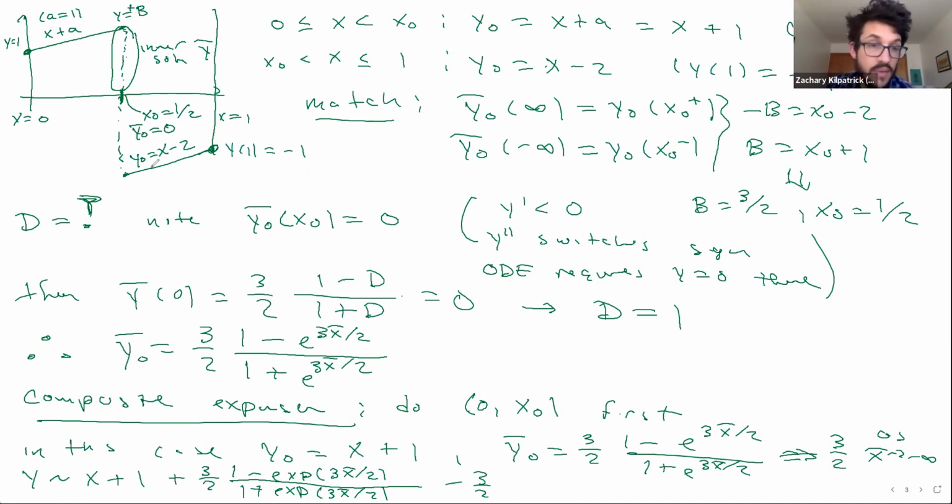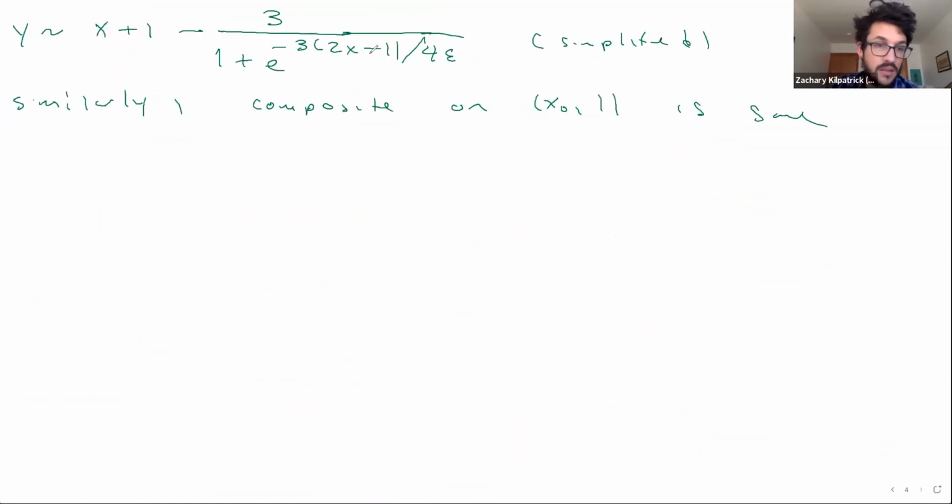The role of the interior layer is to smooth out that Heaviside function so that you get a nice continuous transition between your outer solutions. So you should remove that jump discontinuity, and you have this smooth function in between.